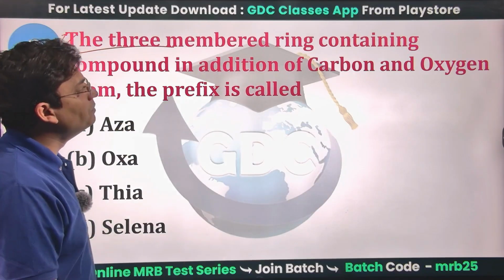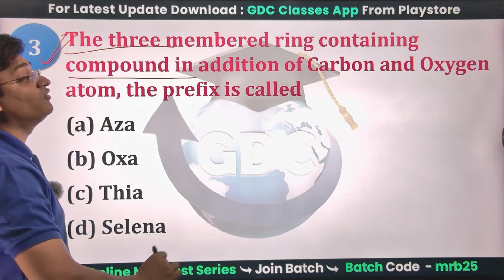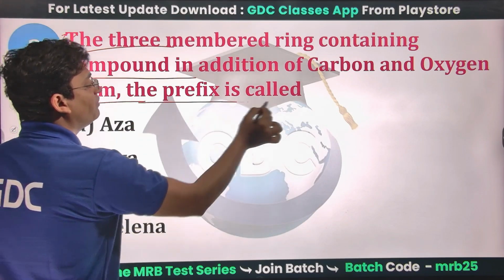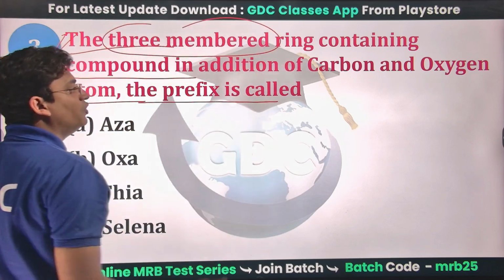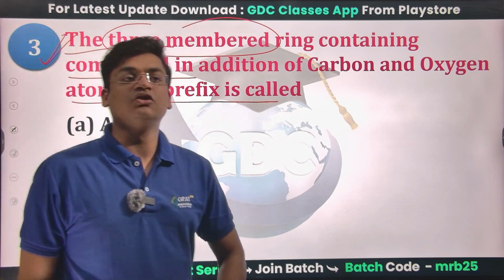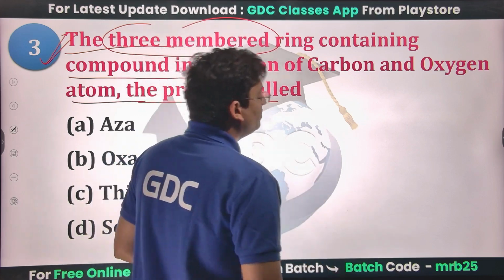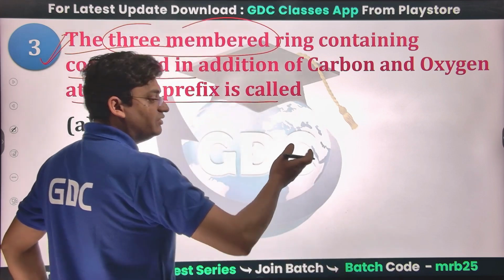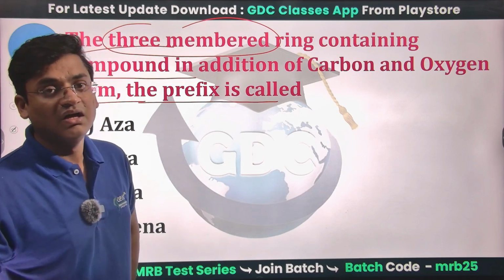The 3-membered ring containing compound, in addition to carbon and oxygen atom, the prefix is called what? So we have a 3-membered ring. You have to know about heterocyclic nomenclature, that is Hantzsch-Widman nomenclature. Basically, Hantzsch-Widman nomenclature is like normal nomenclature, but with word roots and some other prefixes.